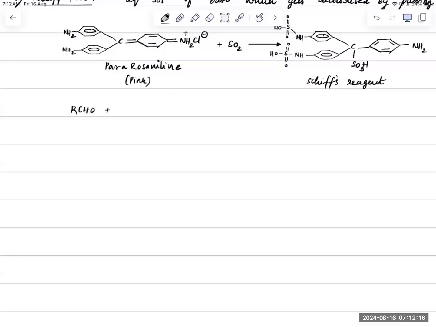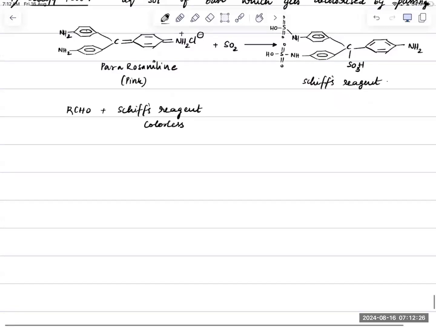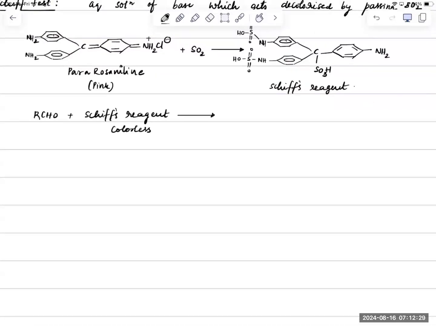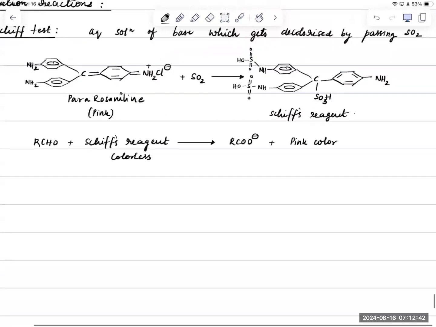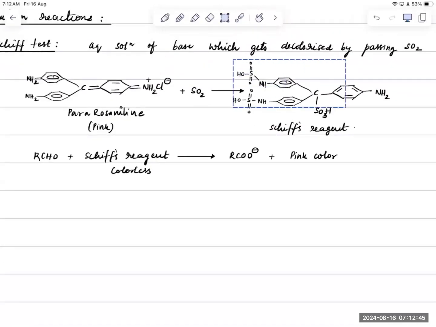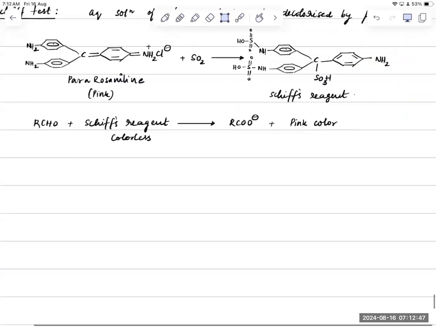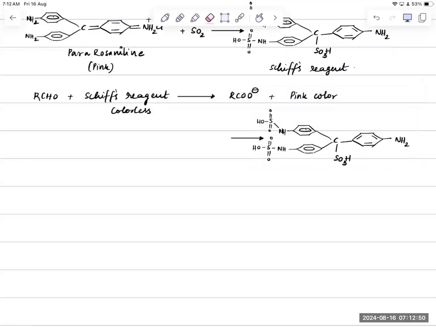RCHO plus Schiff's reagent, which is colorless, this will get reduced and RCHO will get oxidized, and this will convert into pink color. Again the pink color is being retained back. This time the pink color, because it is getting reduced, means again this will become a quinoid form.